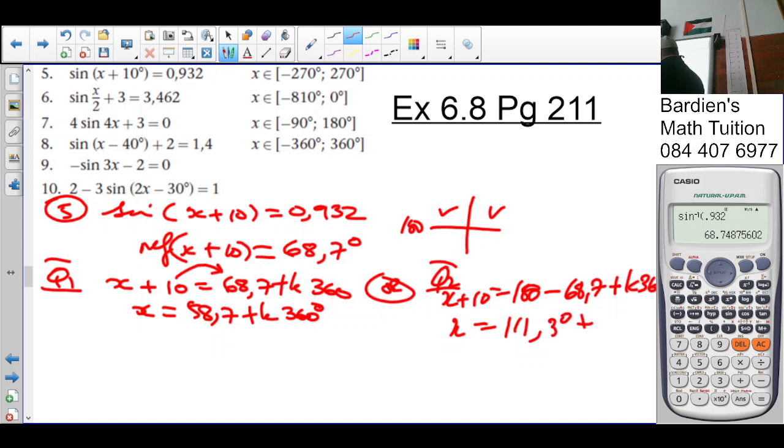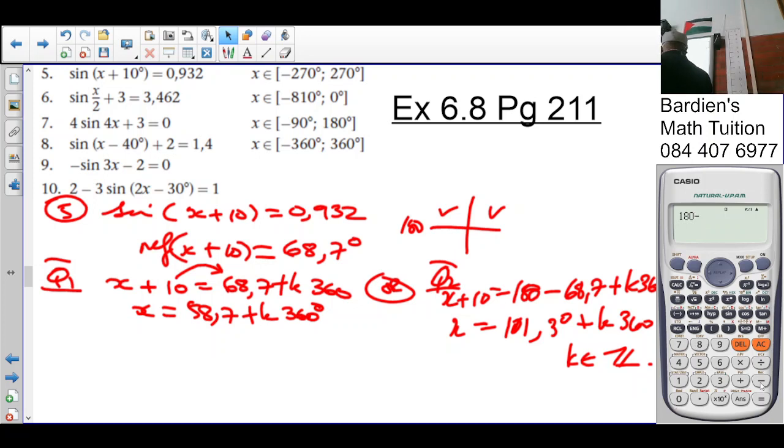111,3 plus k times 360, where k is an element of integers. Remember, for that 108, you're subtracting that answer of 68,7 minus that 10 degrees. So 101,3.